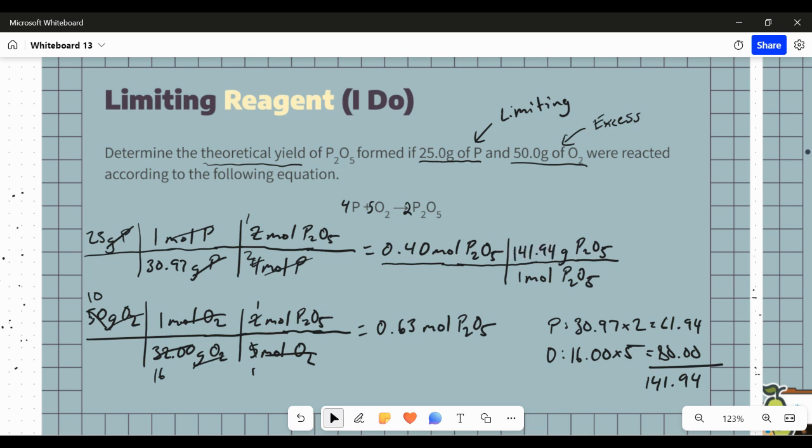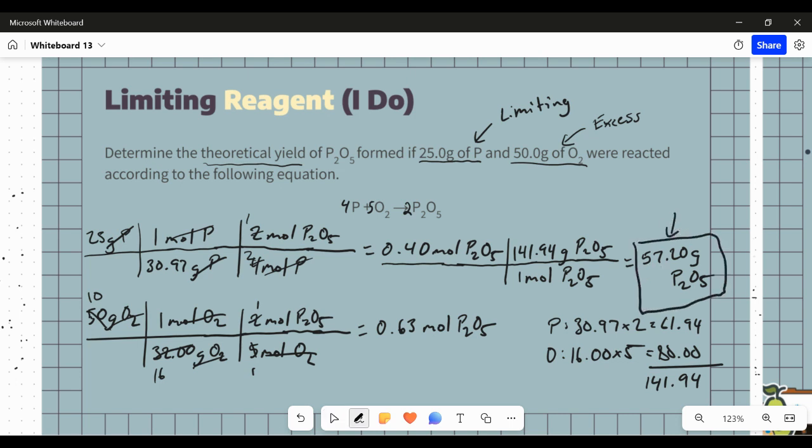So I'm going to take the amount of moles produced by the limiting reagent, that's 0.43, or I'm sorry, 0.40, and I'm going to multiply that by the molar mass of the product, 141.94. What I get is 57.20 grams P2O5.